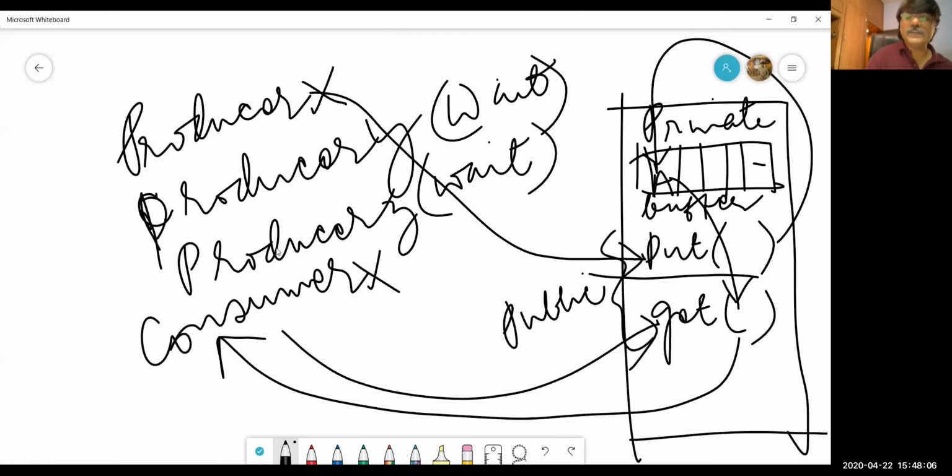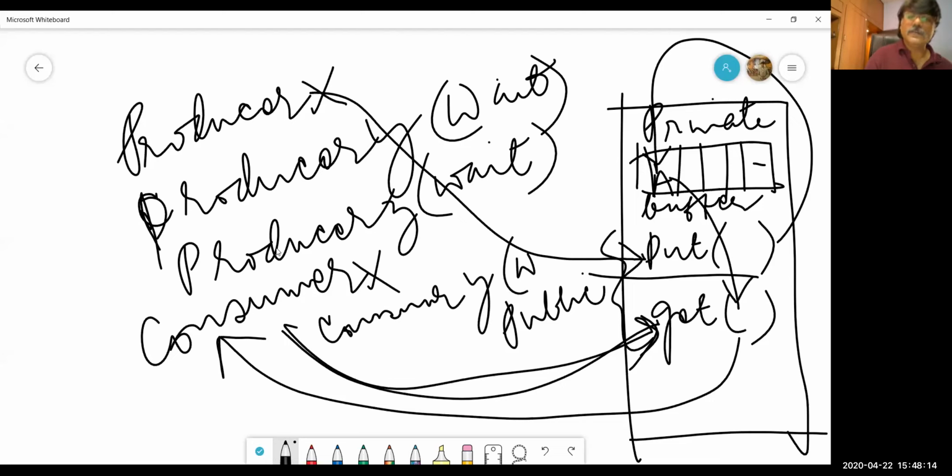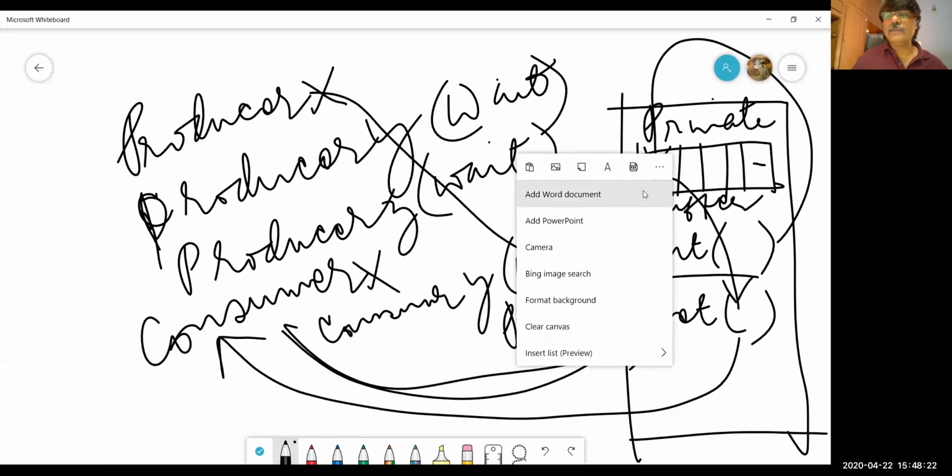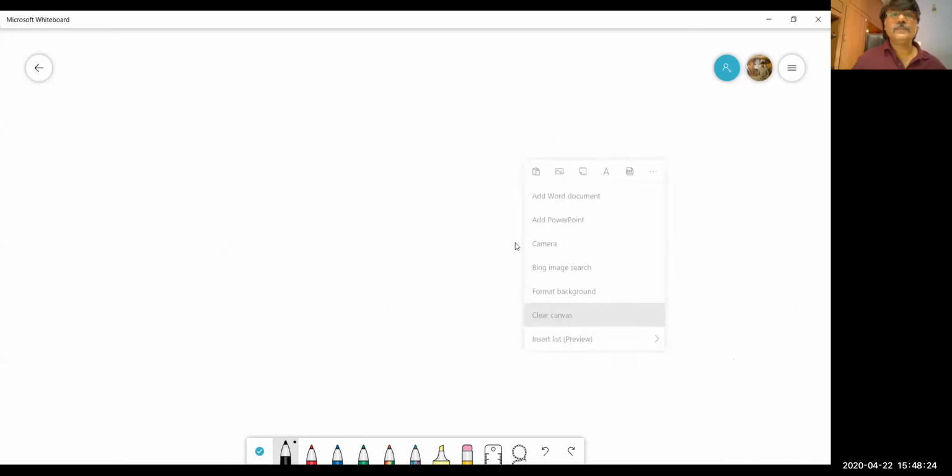Similarly, if consumer X is invoking the function get, consumer Y and consumer Z should be waiting. Consumer Y will wait and consumer Z will wait. So this is what a monitor is. Let us see one example of a monitor program.